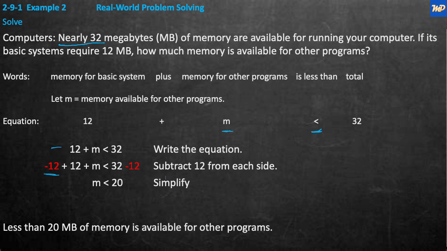And when we do that, M ends up being 20 because 32 minus 12 is 20, and the 12s over here canceled out. M is less than 20. So less than 20 megabytes of memory is available for other programs.